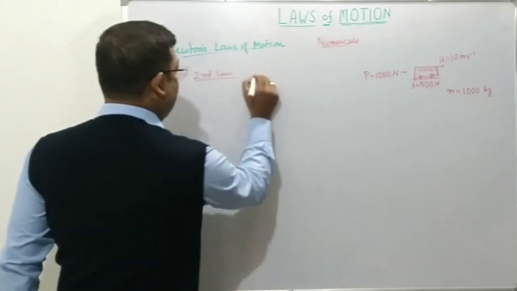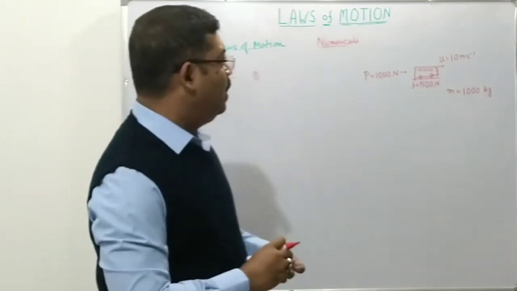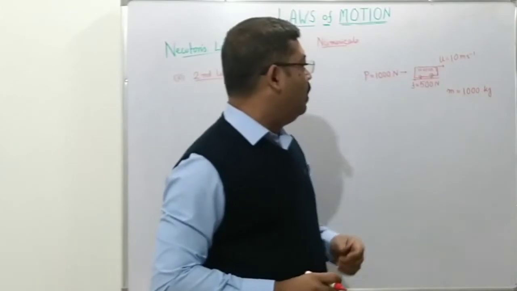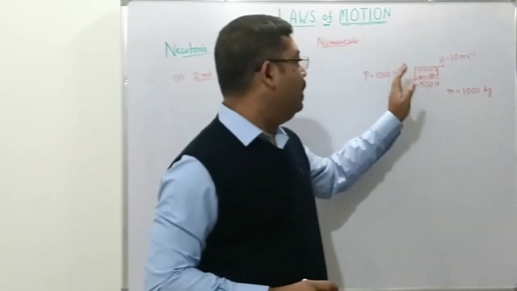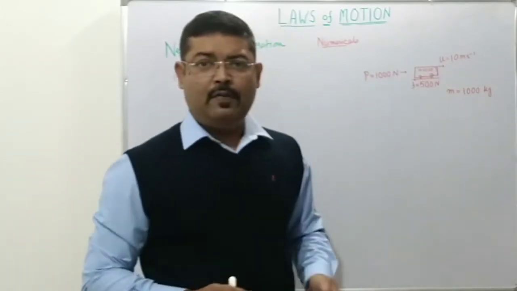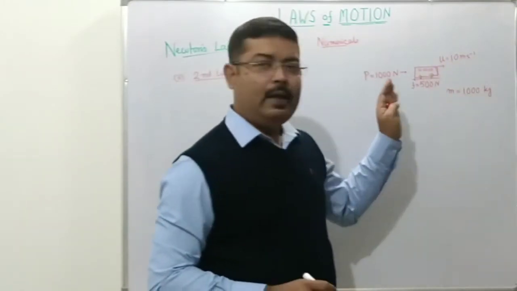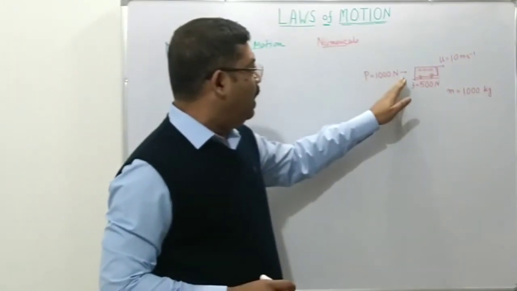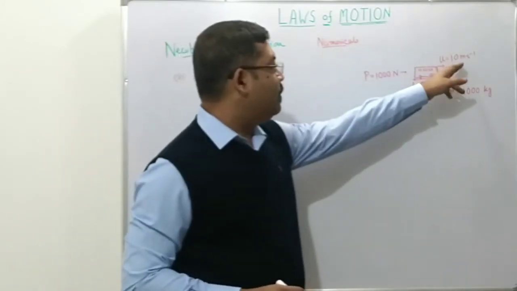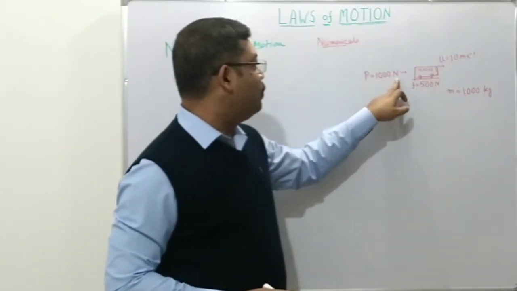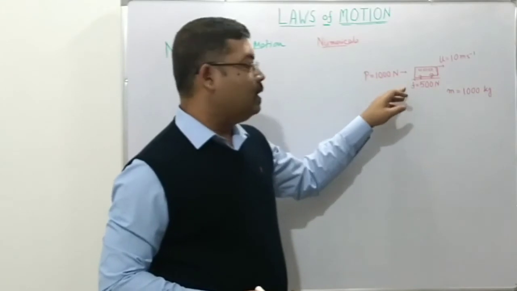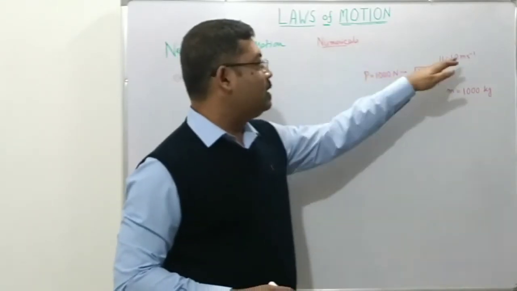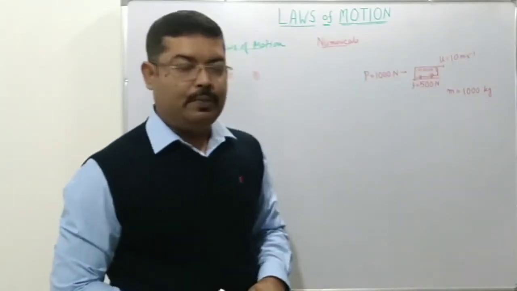In the first one, we are given a vehicle of mass 1000 kg moving with an initial velocity of 10 meters per second in one particular direction. When it was moving with 10 meters per second, a force P of 1000 Newton was applied to it in the same direction as the motion.